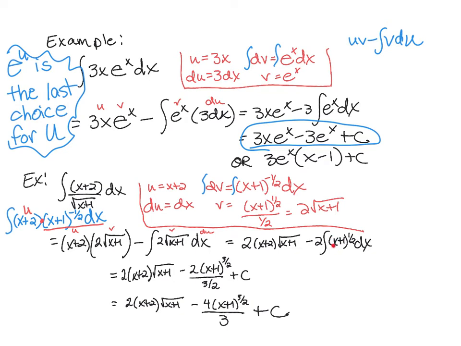I have u on the inside to the power with perfect du on the outside. So I'm going to add 1 to the power and get 3/2, divide by the 3/2. The 3/2 is going to flip and multiply. So I'm going to get 2 times 2 is 4 in the top, and that 3 stays in the bottom. And here's my final answer. Takes practice, but take it step by step, simplify as you go, and it's not so bad.